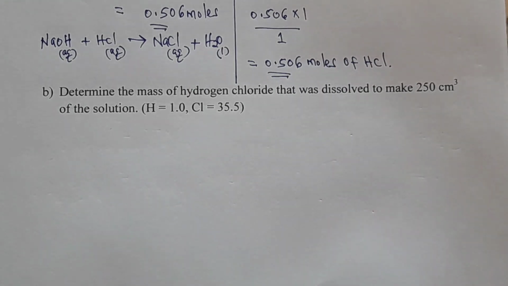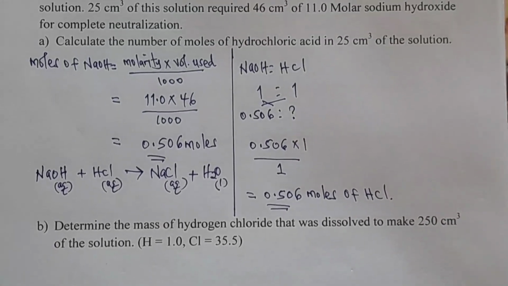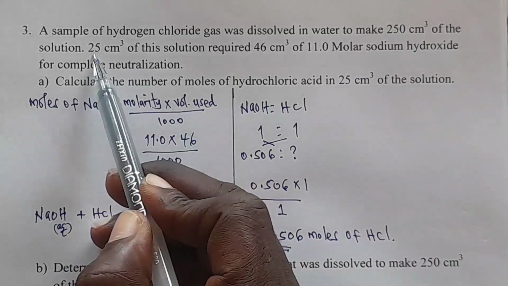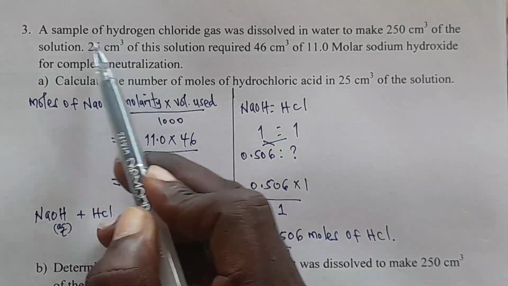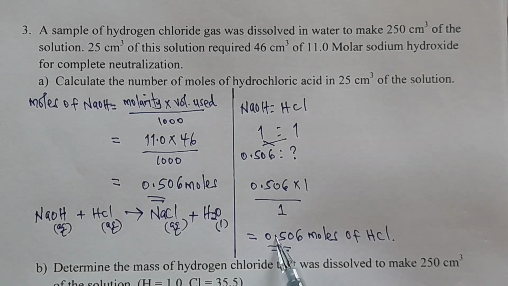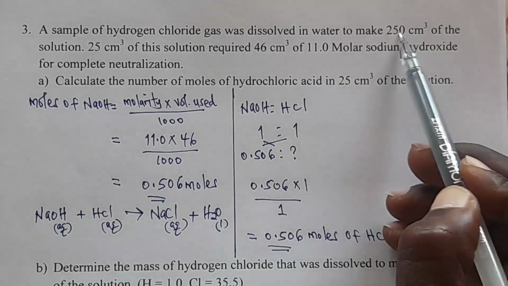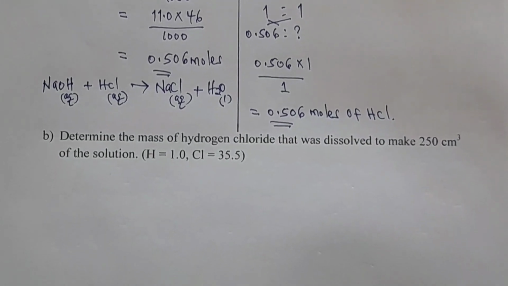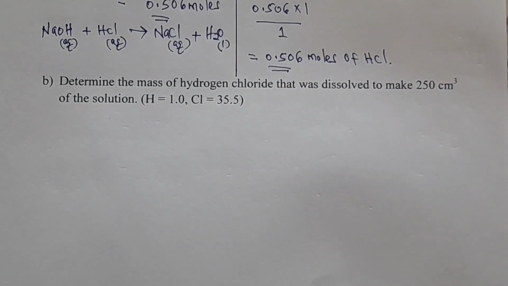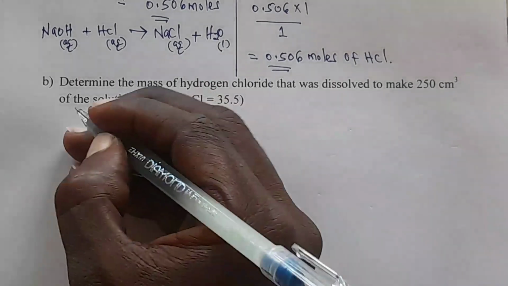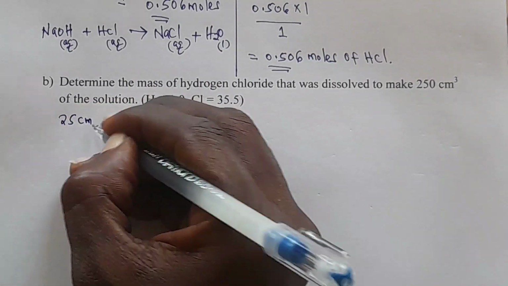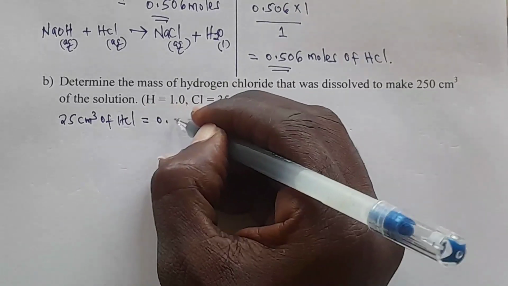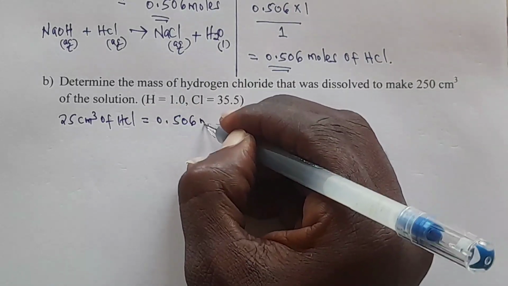So we say, what about the 250 centimeter cube of solution here? So if 25 centimeter cube of hydrochloric acid has number of moles of 0.506, what about 250 centimeter cube of hydrochloric acid? What moles does it contain? So we are going to say 25 centimeter cube of dilute hydrochloric acid has number of moles of 0.506 moles.